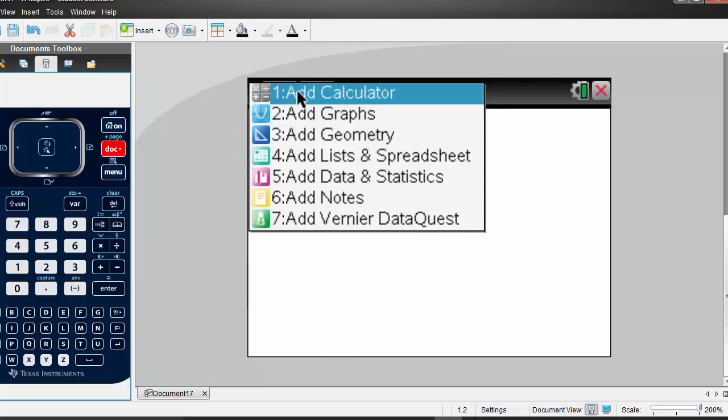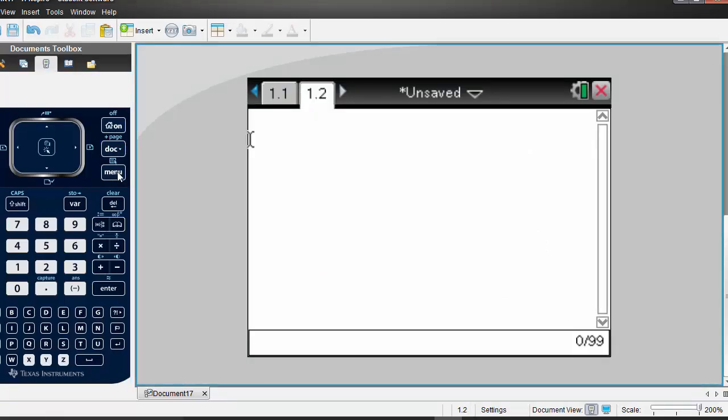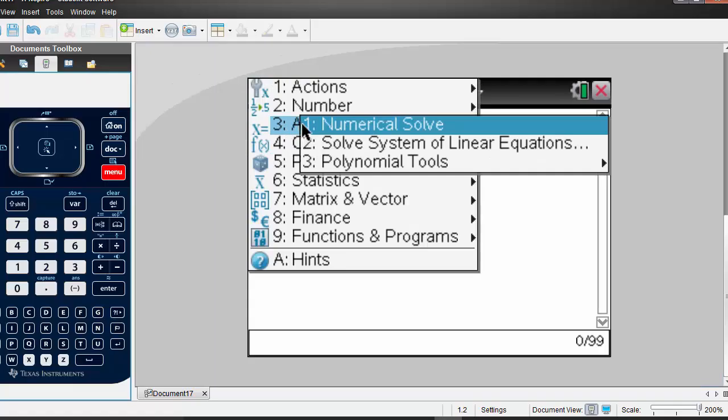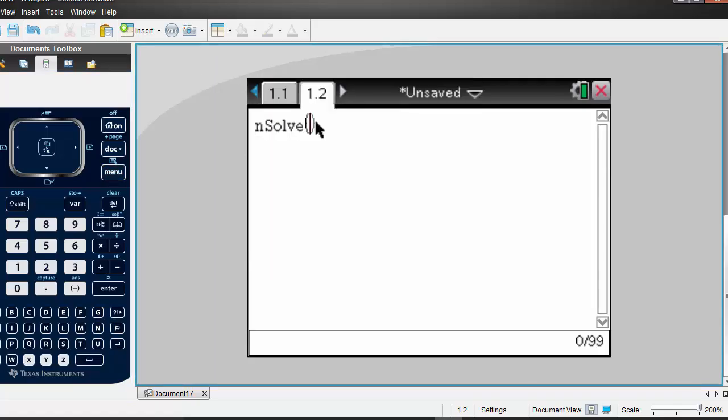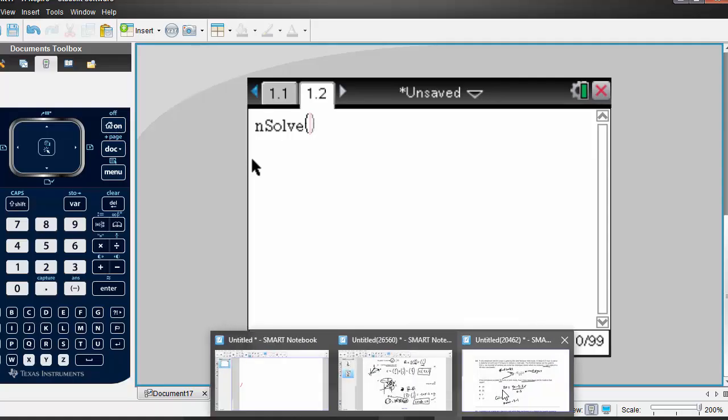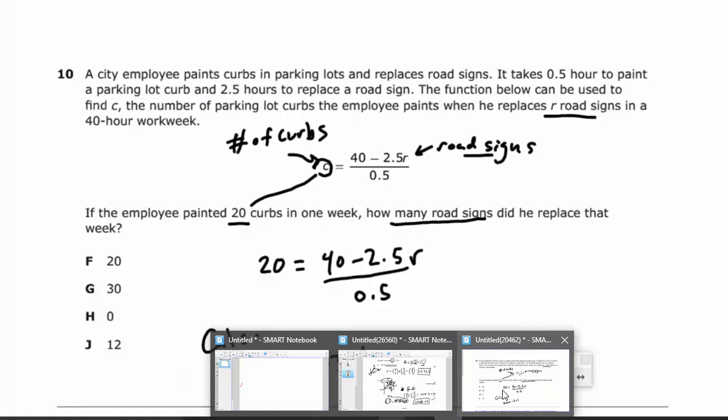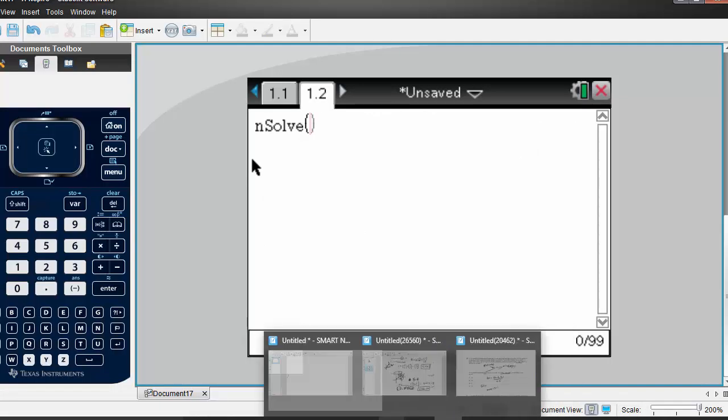All right, so I have my calculator. I'm going to add a calculator page. I'm going to go to Menu 3, and then 1 is the numerical solve. And then we'll type in our equation. So let's take another peek here at the question. So it's 20 equals a fraction. All right, so 20 equals 40 minus 2.5r over 0.5. All right.